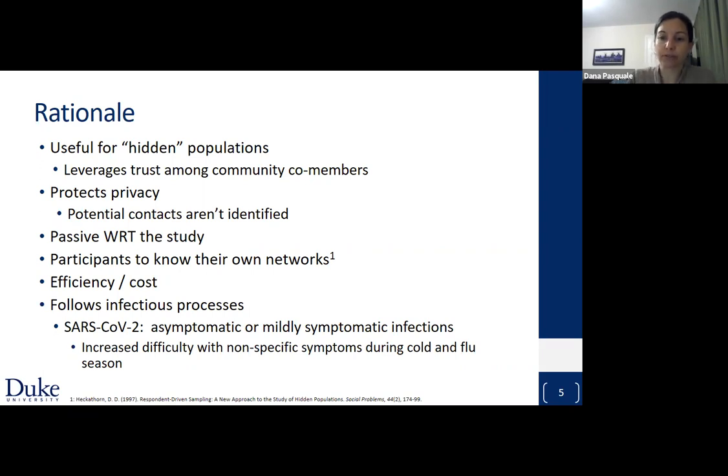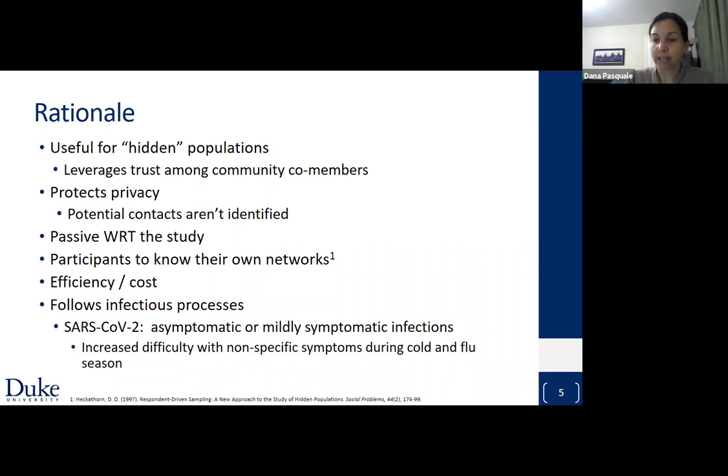This also then allows community members to participate as much or as little as they choose. So the assumption is that people know their own networks better than any researcher, clinician, or public health professional will. So that's another benefit for using link tracing designs.